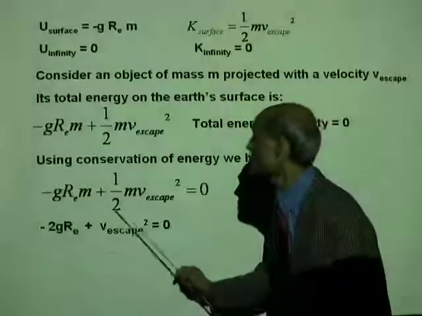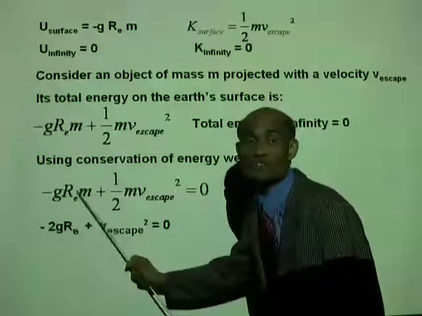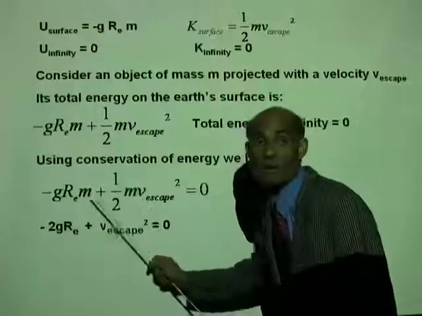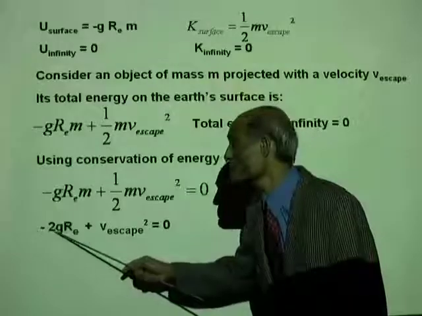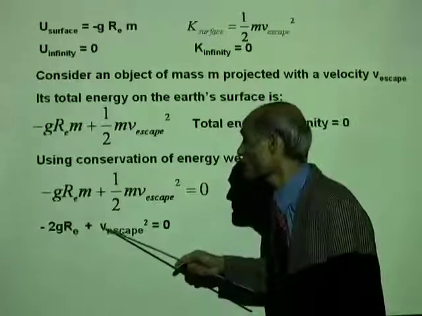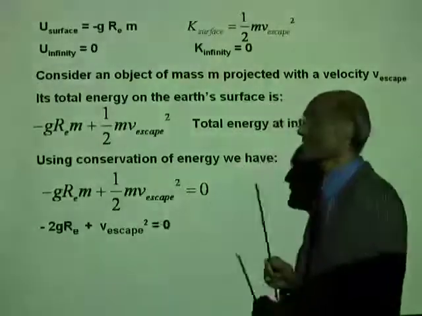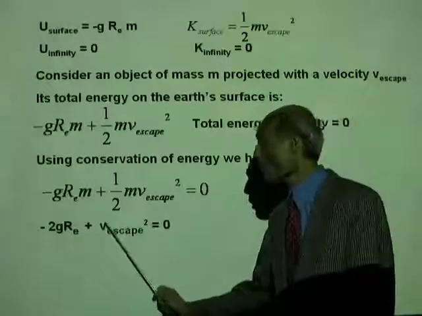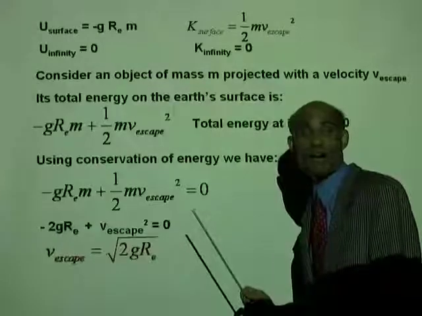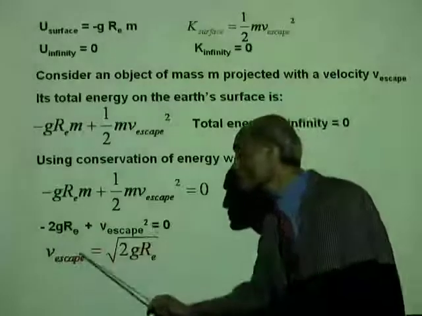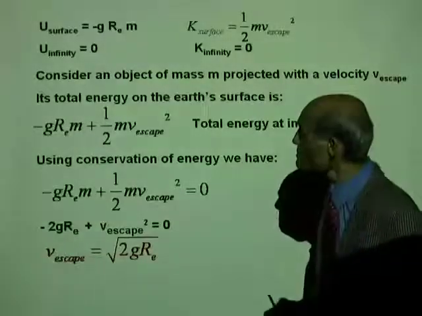And that means multiply by 2 and divide by m. m will cancel. Multiply by 2: -2 g R_E + v_escape squared = 0. Or v_escape squared = 2 g R_E. Or v_escape is the square root of 2 g R_E.